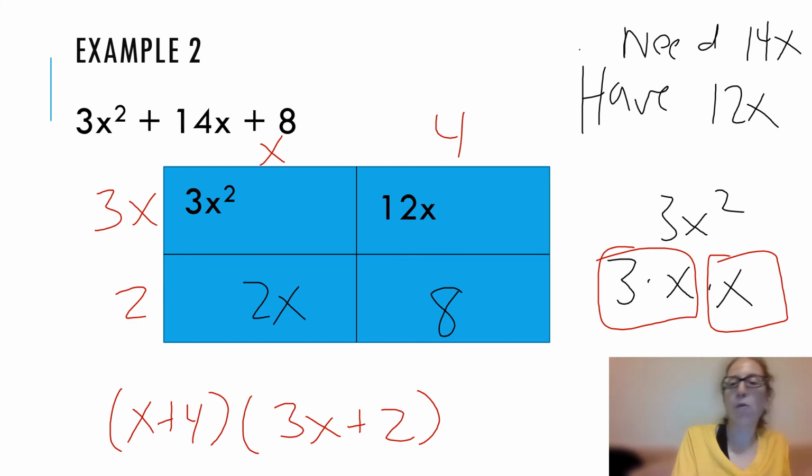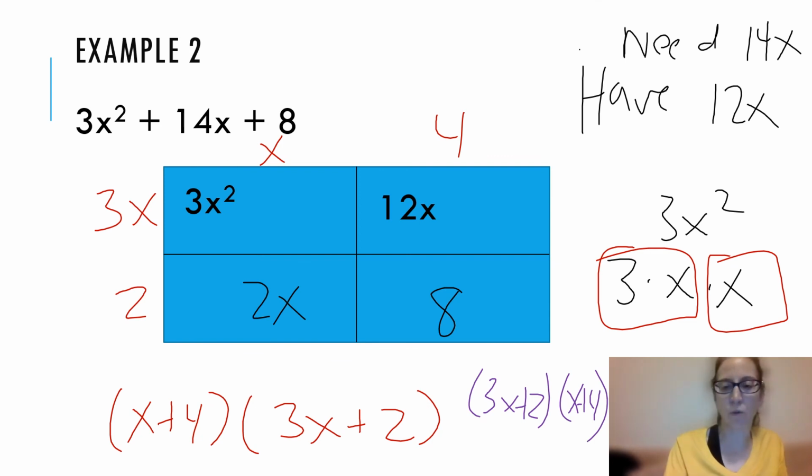Now the other question that students might ask is this: does it matter which one of these comes first? Let's say you're doing your problem and you write 3x plus 2 on the left and then x plus 4. Would you also have it correct? My answer is, well, suppose I write 2 times 3 and you write 3 times 2.